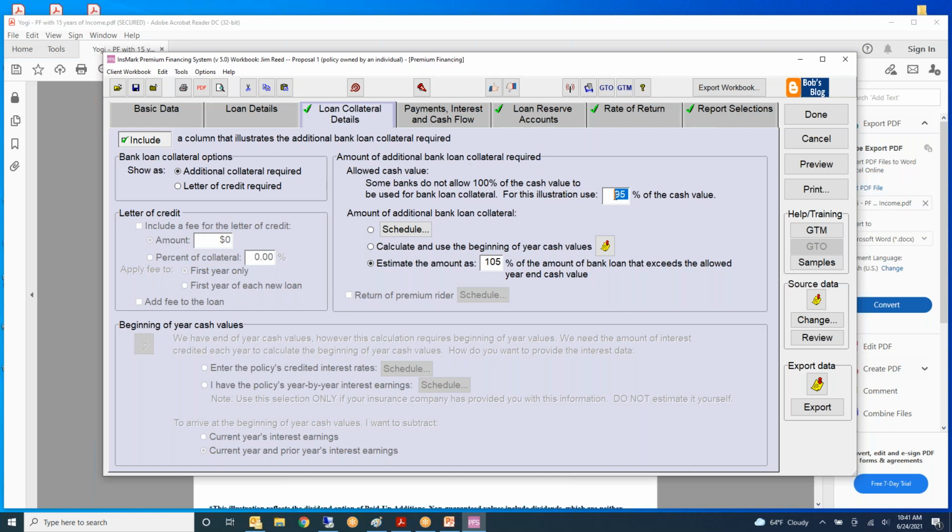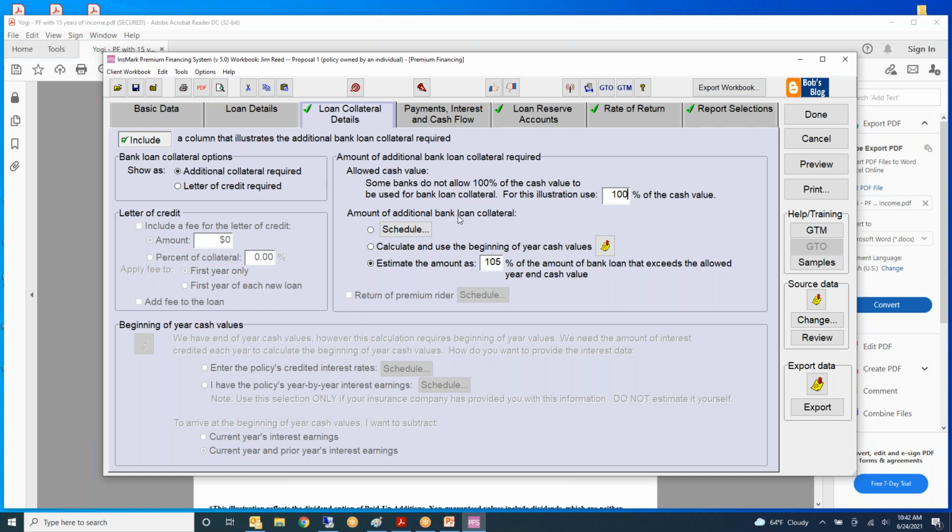So they may say only 95% or 90%. But here I am going to say the lender allows 100% of the cash value to act as collateral on the loan. Okay, so again, this is a user input depending on the lender requirements.